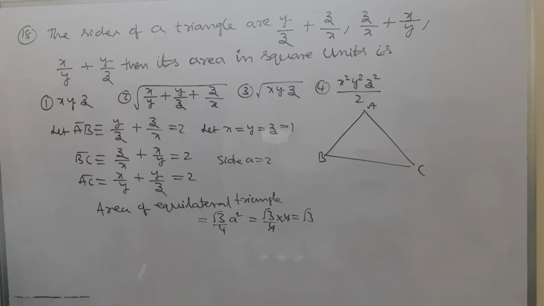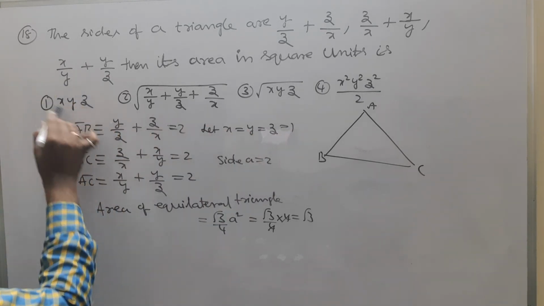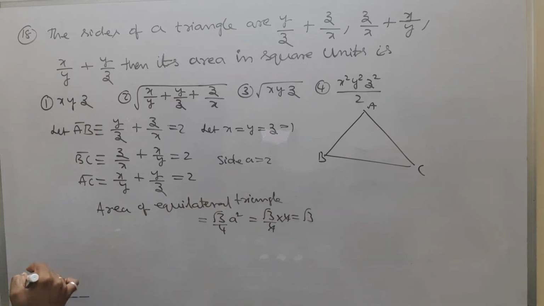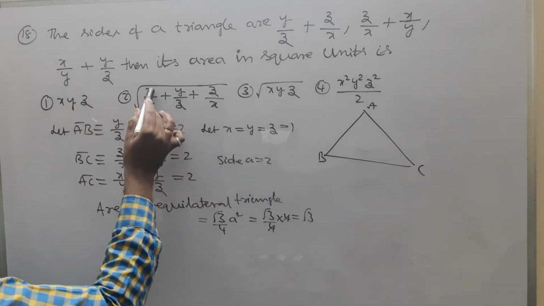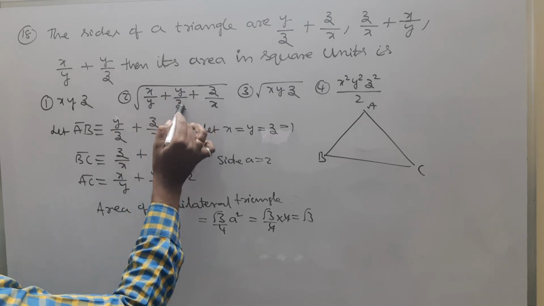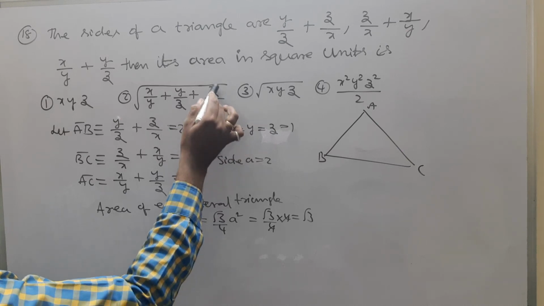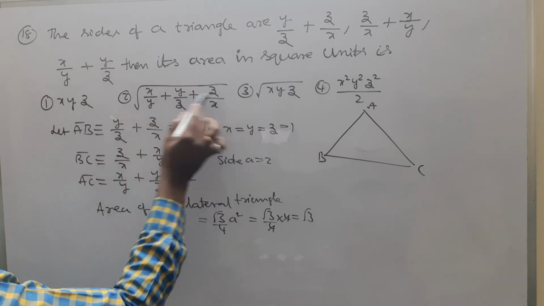In option verification, apply x equal y equal z equal 1 to the first option: 1 into 1, so the first option gives 1. But root 3 is the right answer. In the second option, x by 1, 1 by 1, 1, plus y also 1, z also 1, 1 by 1, 1 plus z by x, 1 by 1, 1, plus 1 plus 1, gives root 3.